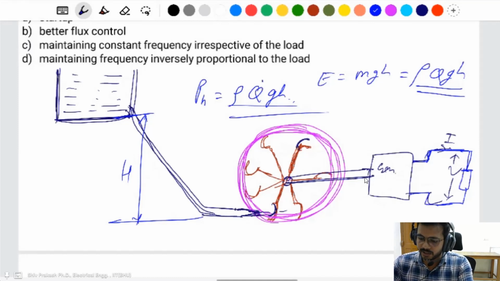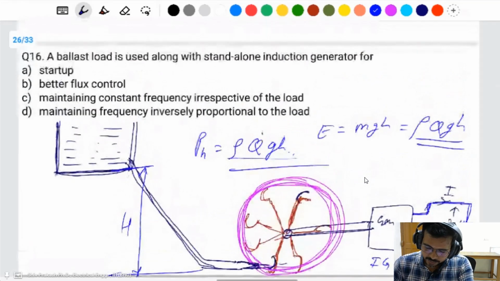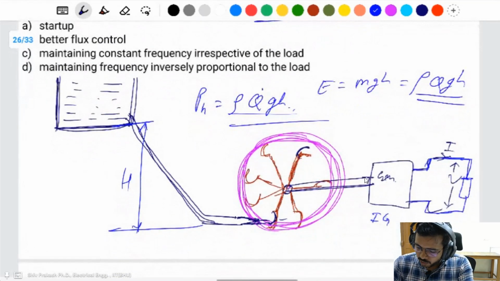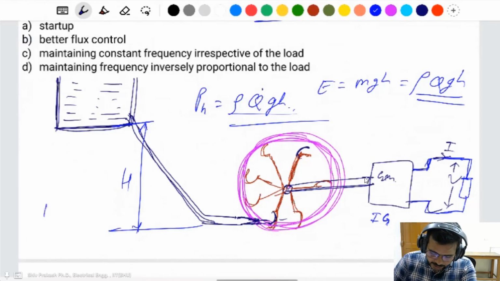In an induction generator, the speed varies with the load, it is not constant for the whole load, because there is some slip between Ns and Nr, that is Ns minus Nr.